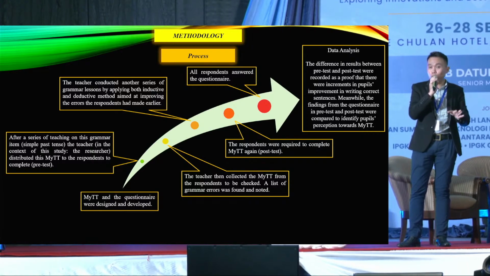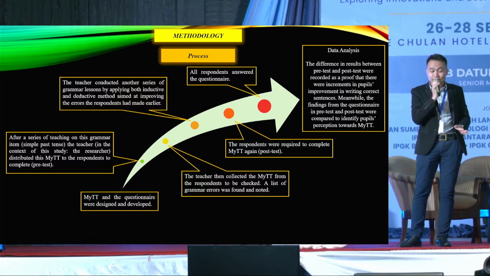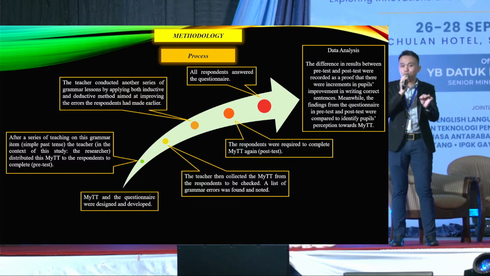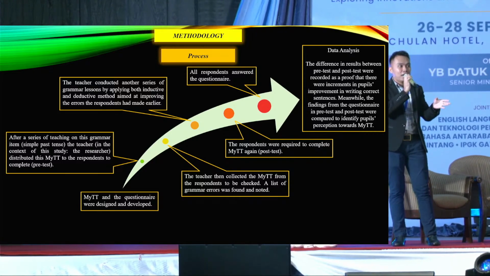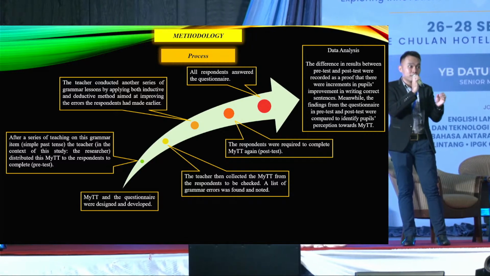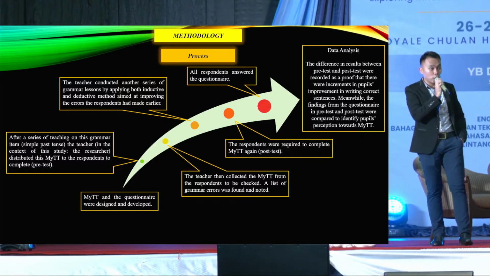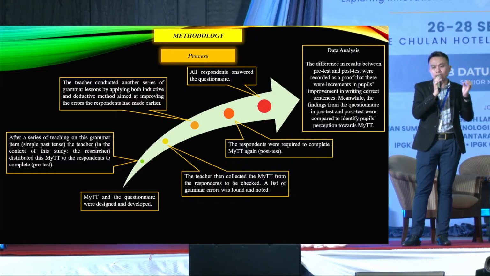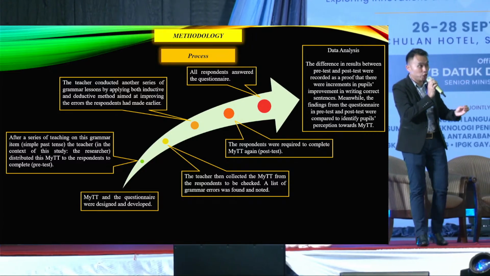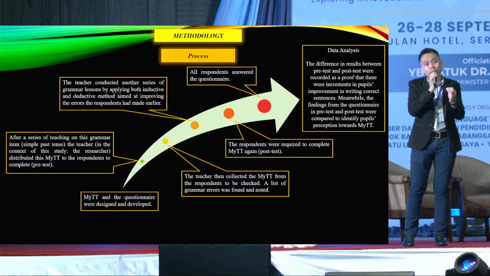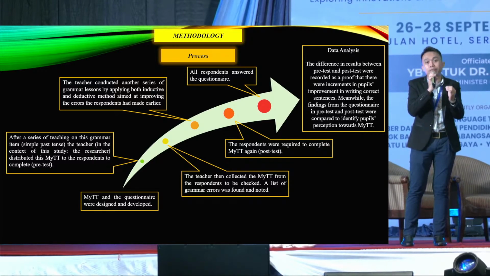We are not going qualitatively, we're just going quantitatively. We're just going to look at how many sentences they can write correctly. Then a list of grammar errors was found and noted. Next, the teacher conducted another series of grammar teaching, because we want to let the students know what errors they have made.